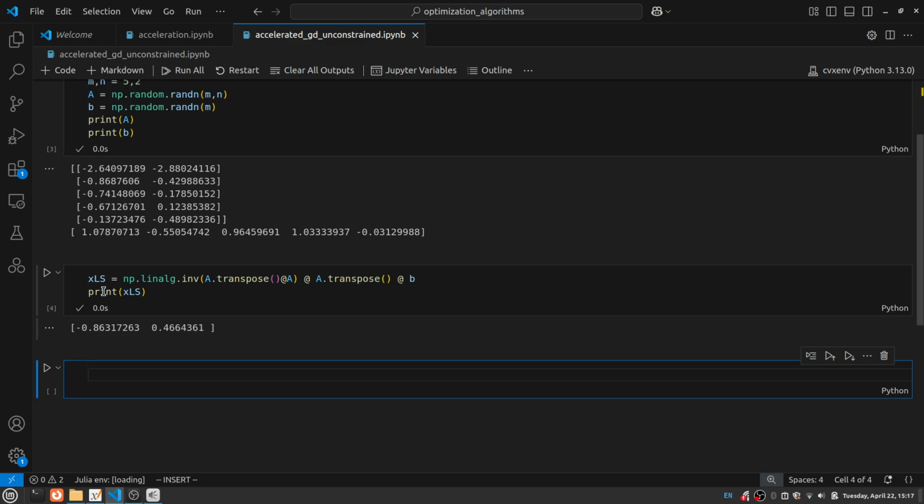So first, let me write some helper functions to compute the value of the function, that's the 0th order oracle, and also write a function to compute the gradient, which is the first order oracle. So I want to compute f. My f is L2 norm of, and so the parameters are A and b and x.